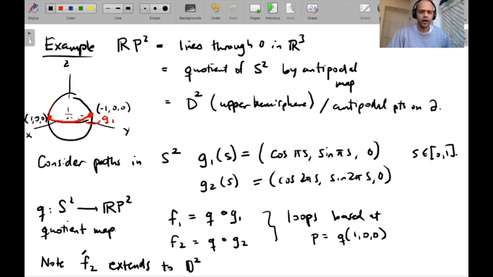Maybe I mean F2 hat, the associated map of the circle, extends to the disk because G2 hat does. So G2 hat is this loop.